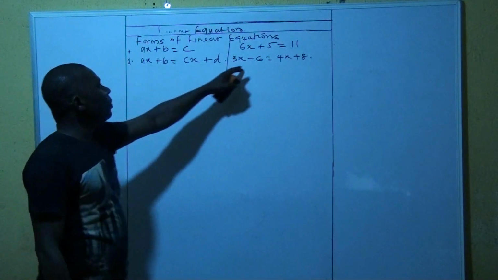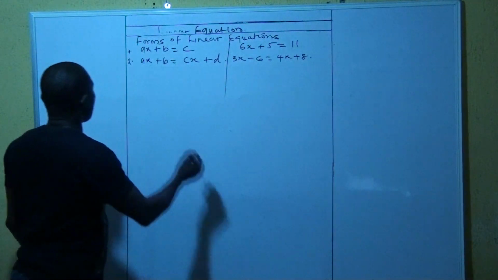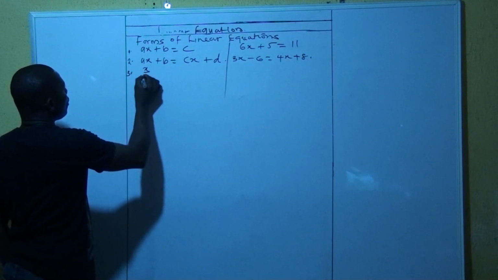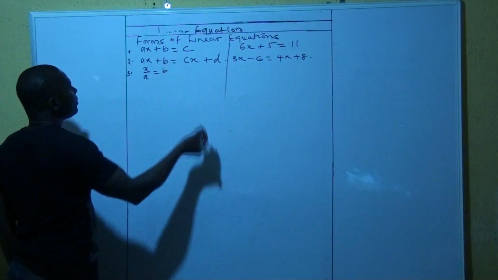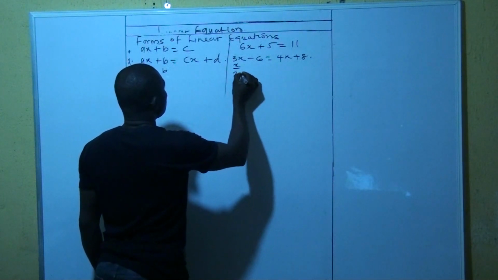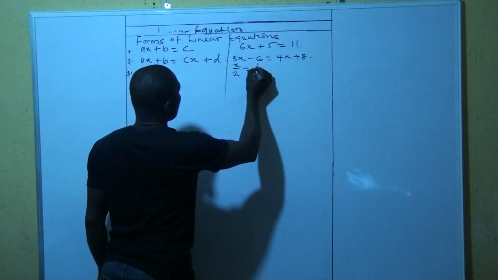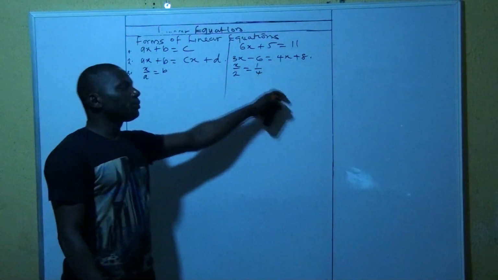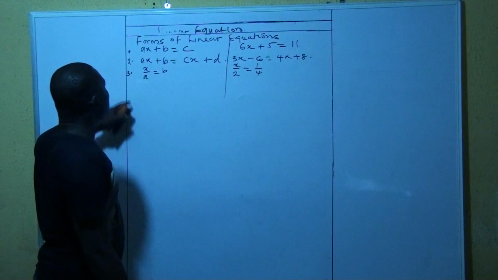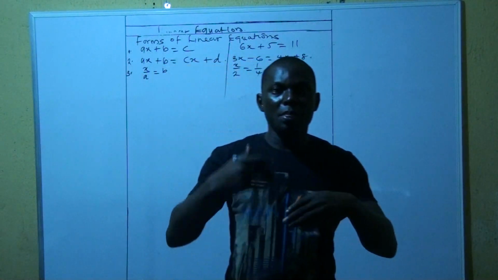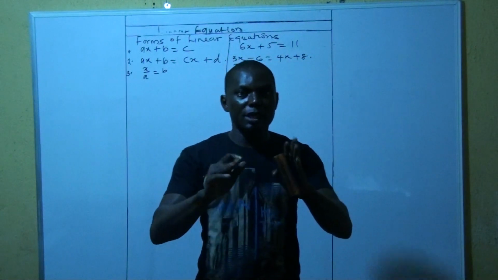This is another of this form. We can also have the one of this nature, x over a is equal to b. So for this one we have x over 2 is equal to 1 over 4. So of this nature. We have so many of them, but we are going to take them piecemeal, bit by bit.